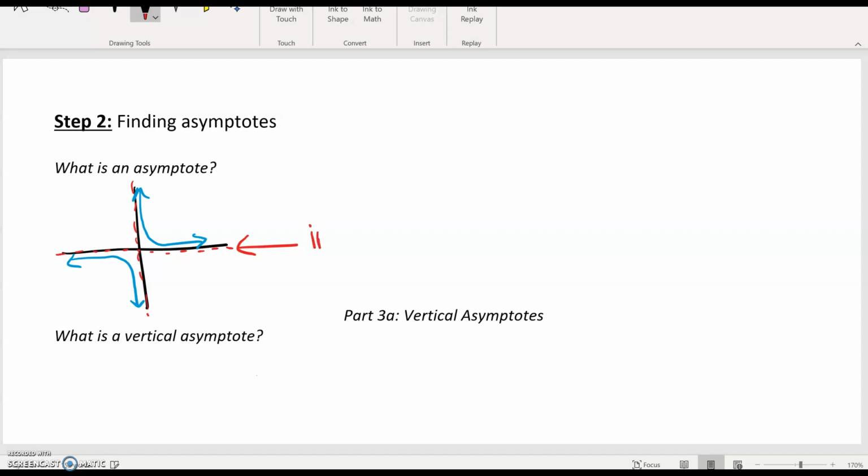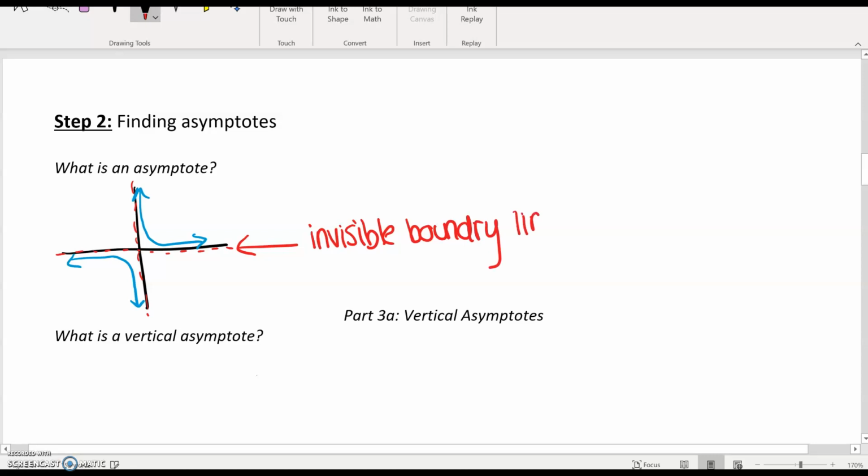So I call this like an invisible boundary. An invisible boundary line that will help us graph the function because the graph will approach that boundary line. This isn't the formal definition, but this is the definition that I think will help us all.